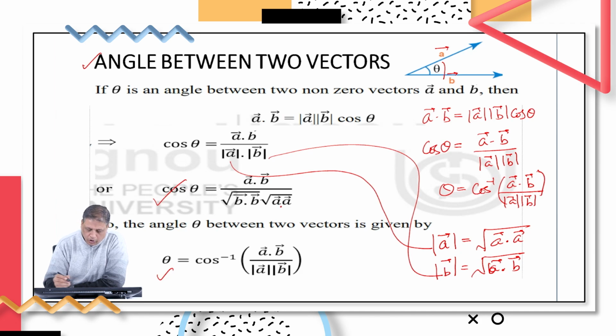So, if we are given the two vectors A and B, then cos theta can be expressed by this formula, and we can determine theta by this formula.